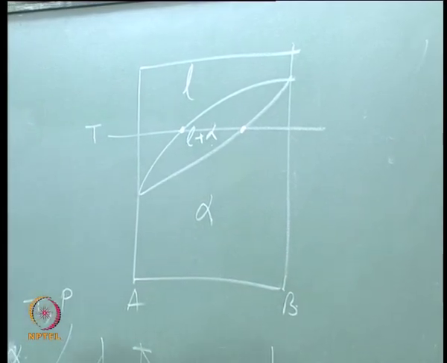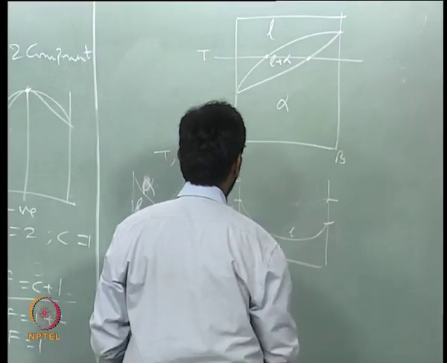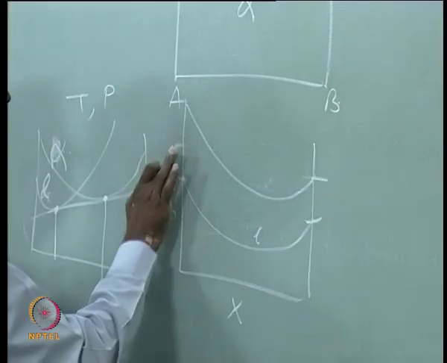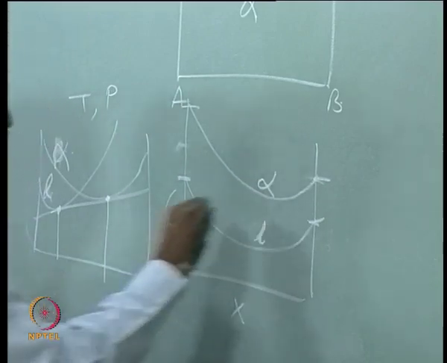As a result, when I draw this, and of course I am drawing schematically only, but in principle if I calculate it, it turns out to be like that. You would see that this difference is larger, this difference will be smaller. This is alpha, this is liquid.